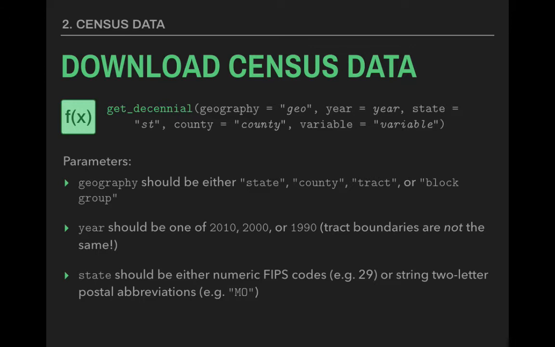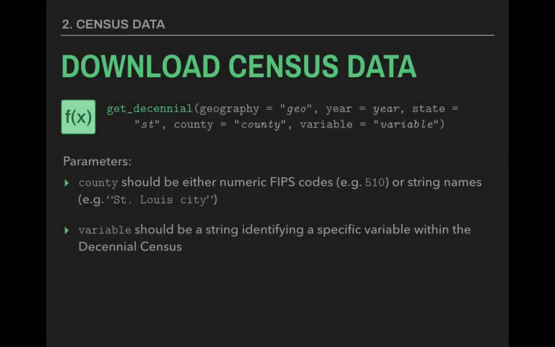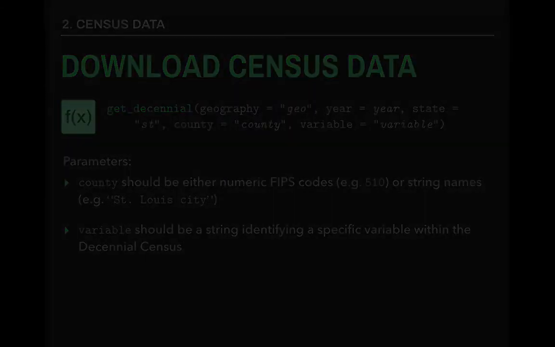We can download these data, again, by state, in which case we need to specify which state we're looking for, and also by county if we would like. In both cases, we'll specify either the name or a FIPS code. So for the state, that would be a 2-letter abbreviation or a 2-digit number. For the county, that would be a 3-digit number or a string name, something like St. Louis City. Finally, we specify the exact variable we're looking for.